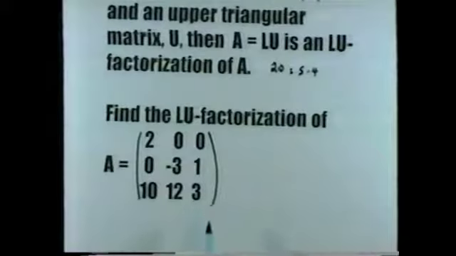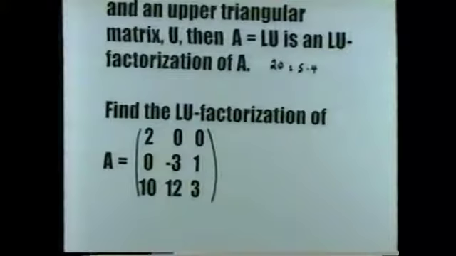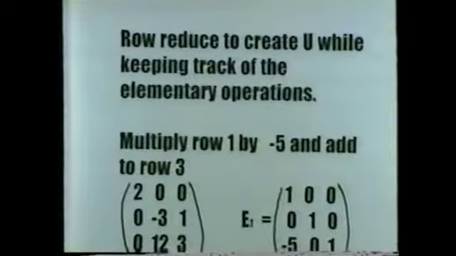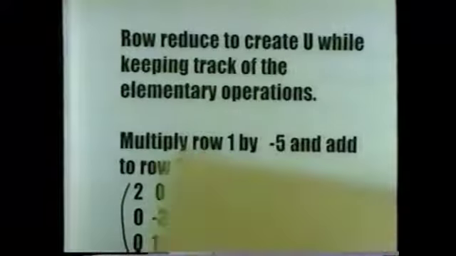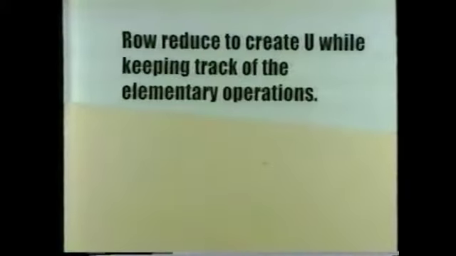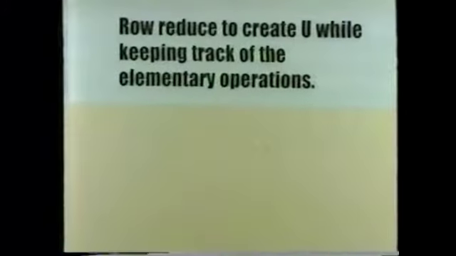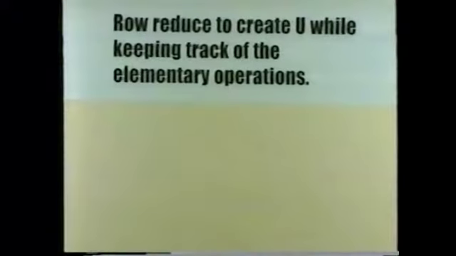As I row reduce it, I'm going to keep up with what I have done with my E's and use the idea that we developed in yesterday's tape to go back and get L. So what we want to do is to row reduce A to create U while keeping track of the elementary operations.